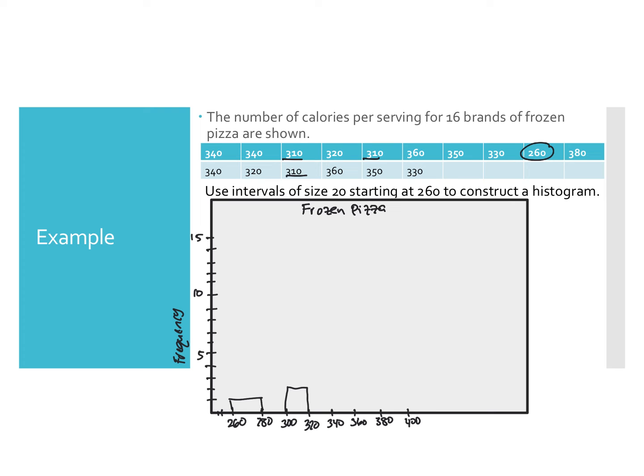Greater than 320 but less than 340: 1, 2, 3, 4. And then bigger than 340 but less than 360: 1, 2, 3, 4, 5.